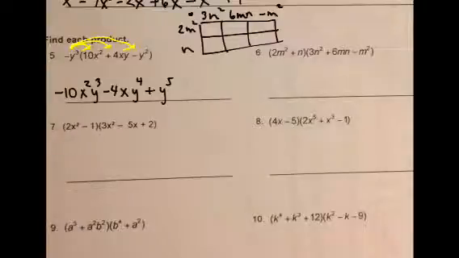So that little dot means multiply. So this is 6m squared n squared, then 12m cubed n, then negative 2m to the fourth.